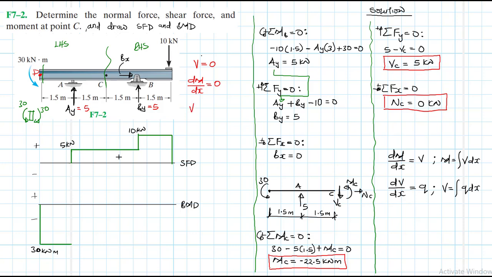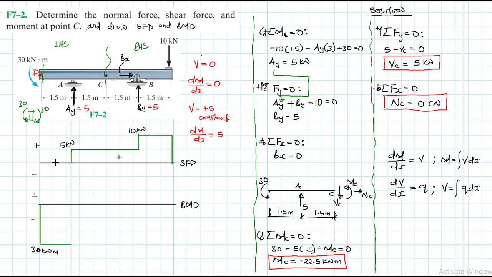So shear there is equal to positive 5, and it is constant throughout. And therefore our slope of the moment is also going to be equal to 5. So it will have a positive constant slope.